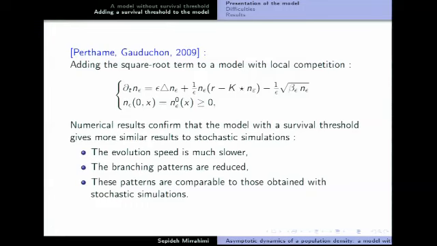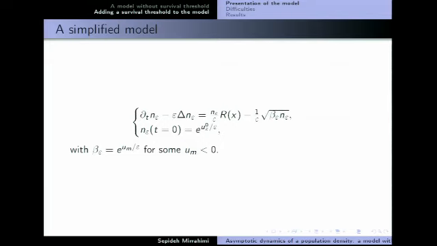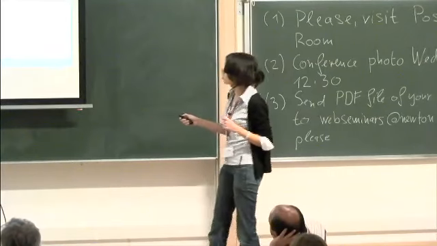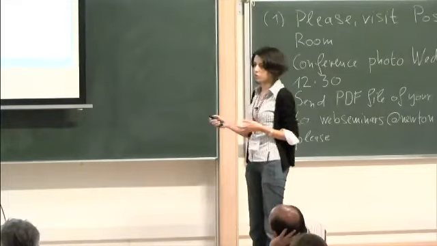So what we try to do is to study this model theoretically, and to study the model we had to simplify the model. So in the growth rate we don't have the resource term I anymore, and we have just a function r of x.